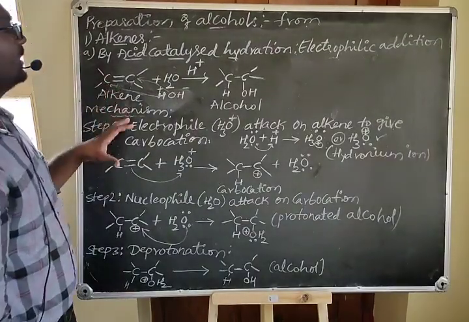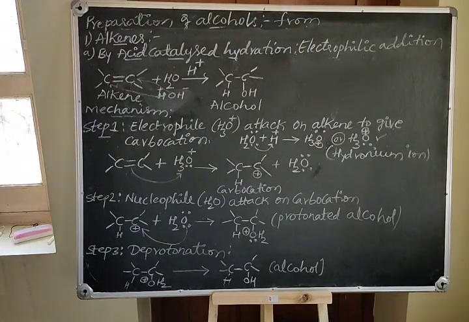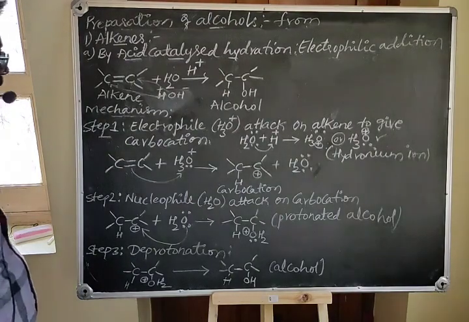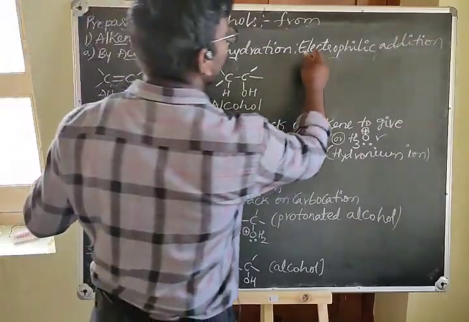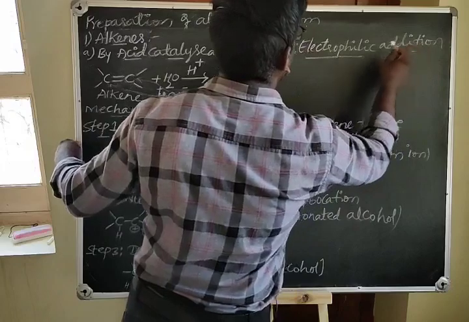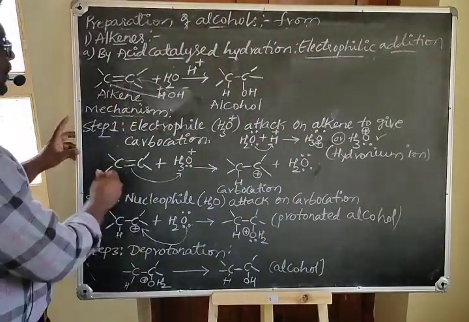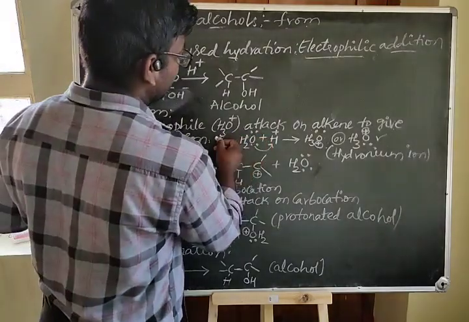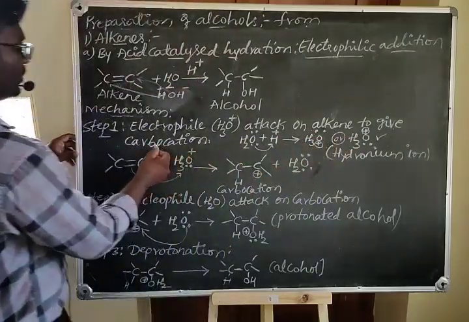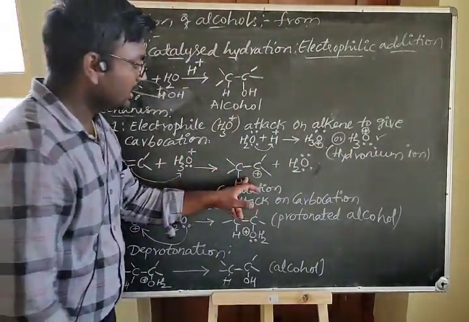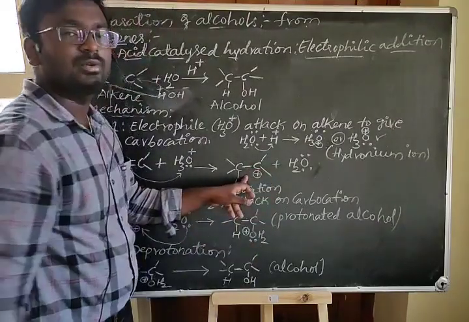This is a general reaction mechanism for the conversion of alkenes to alcohols. Okay, it involves three steps and the mechanism is called electrophilic addition because the electrophile attacks first. Step 1 is the electrophile, that is H3O plus ion, attacking the alkene to give the carbocation. Carbocation is the species where carbon is carrying the positive charge.